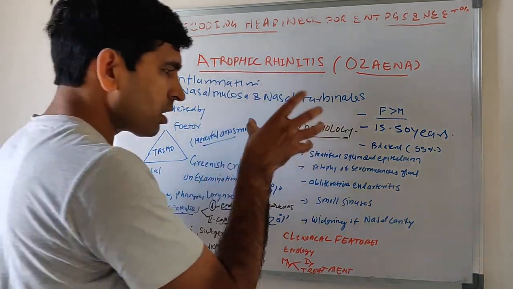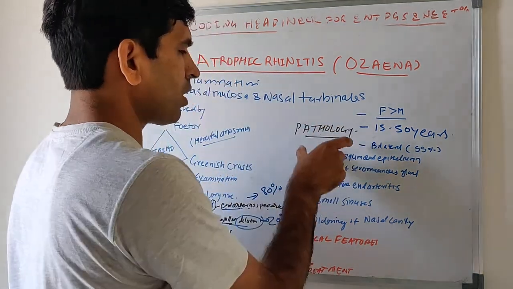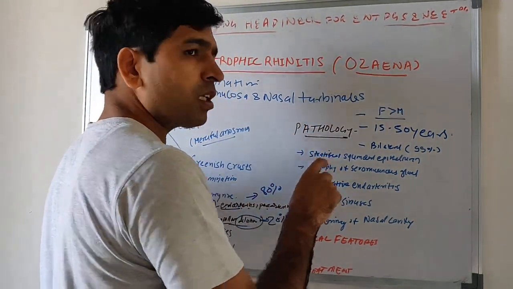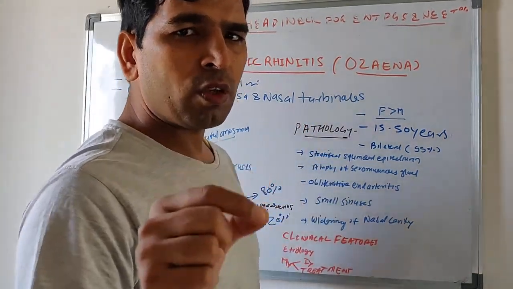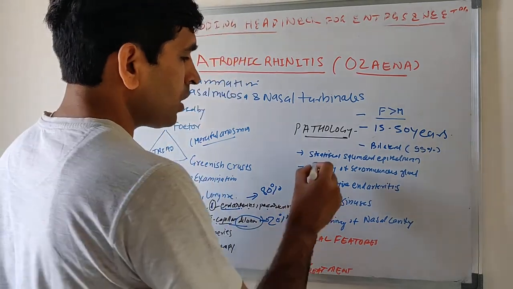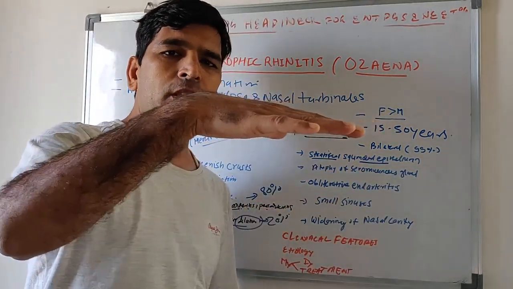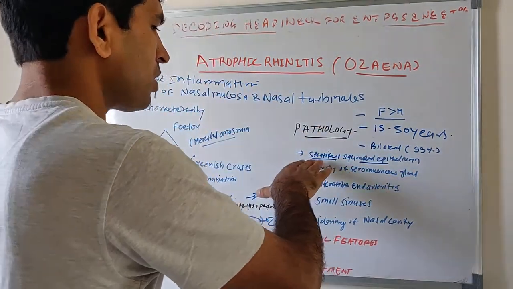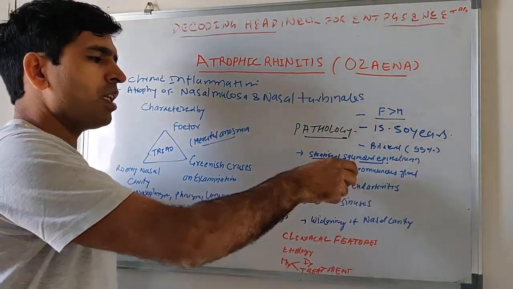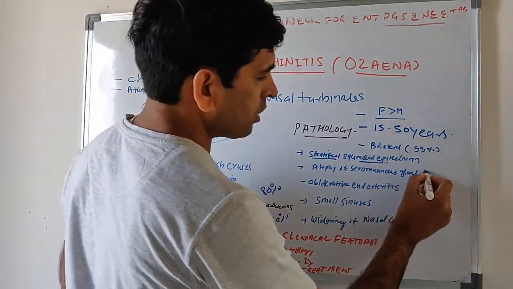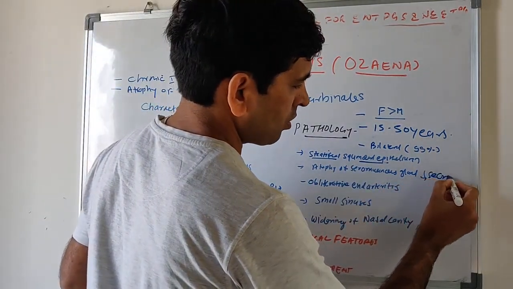What is the characteristic finding in the pathology of atrophic rhinitis? There is replacement of pseudostratified columnar epithelium by stratified squamous epithelium, with flattening of the columnar epithelium. There is atrophy of seromucosal glands, which leads to decreased secretions.